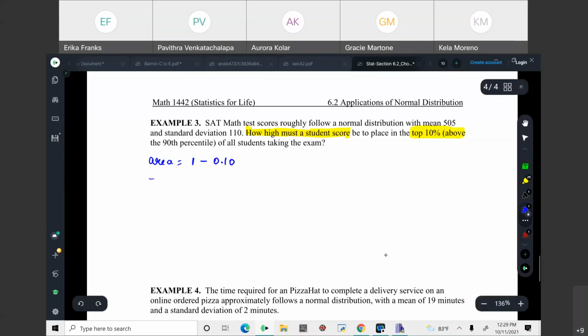Now you can directly give this in the calculator. It is inverse norm, area 1 minus 0.10, comma, mean is 505, standard deviation is 110. That gives you the X score. Now calculate and tell me what is the X score.